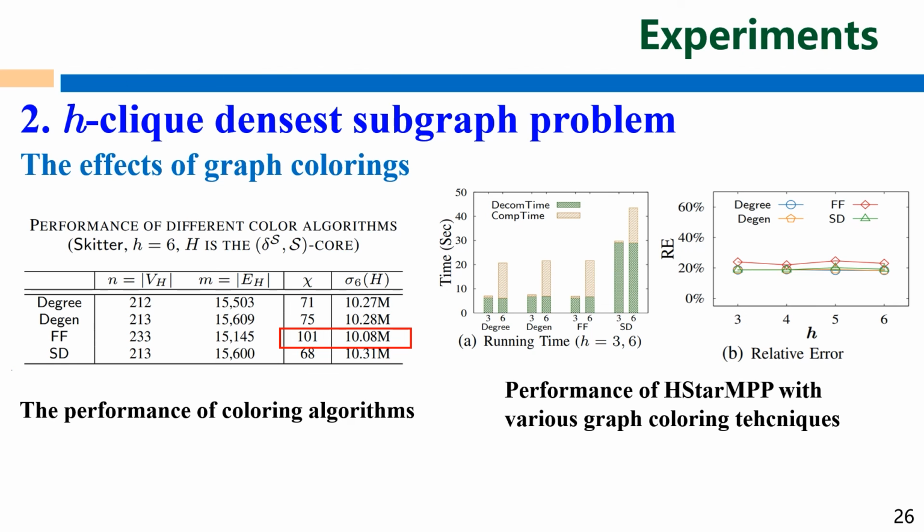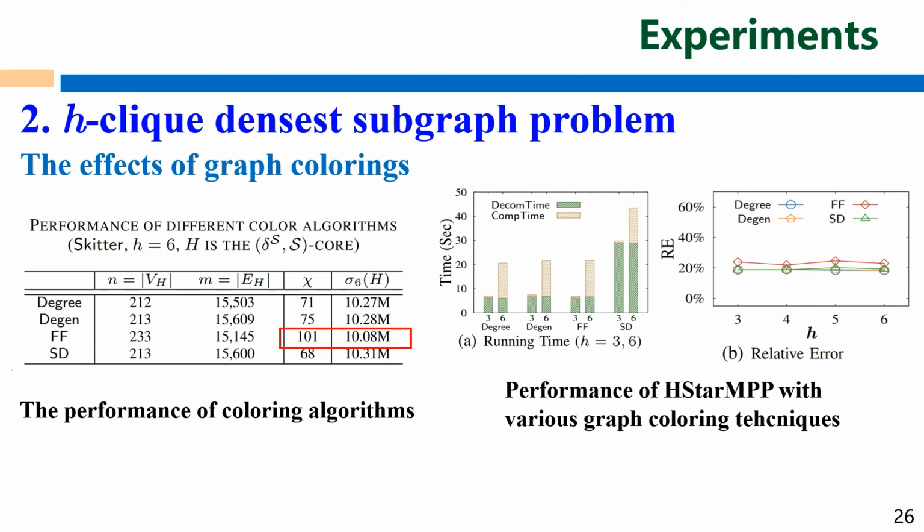This is because the other 3 colorings color nodes following a fixed order, but SD selects an uncolored node dynamically based on the number of distinct colors of their neighbors, which can be very costly, though it produces slightly higher quality colorings. We can say that FF has a larger relative error.